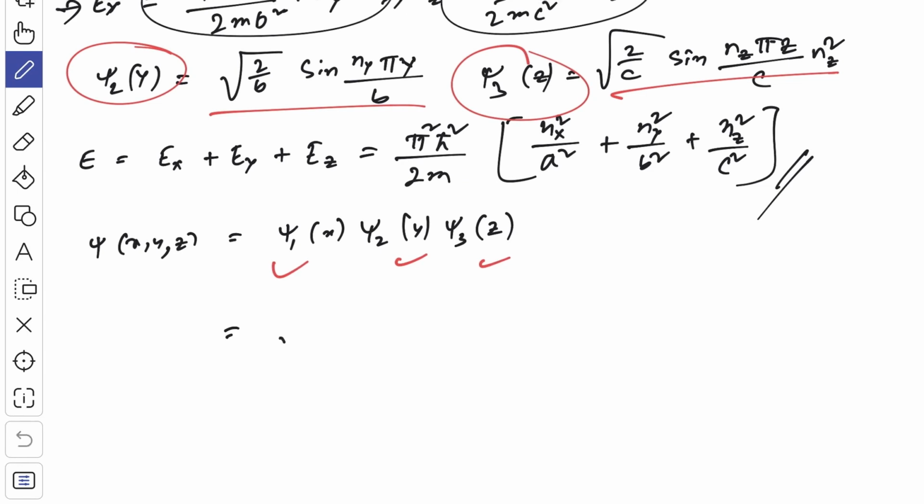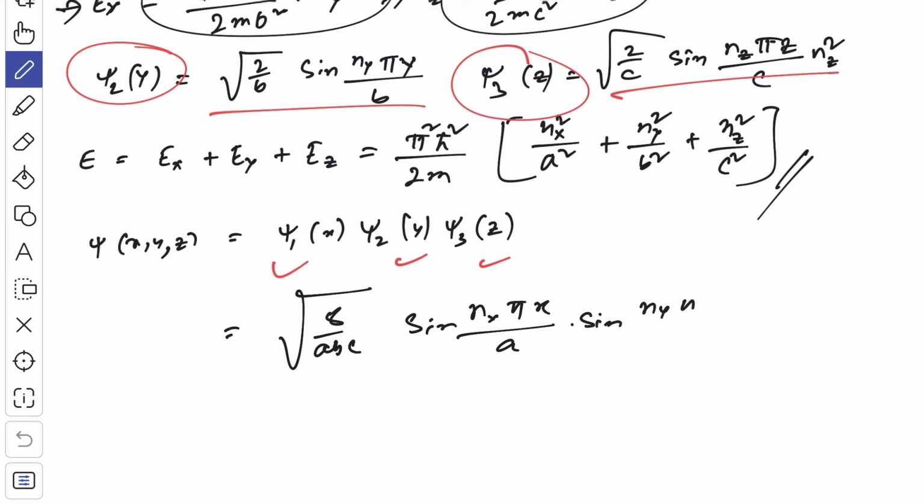That's going to be equal to root over 8 by abc sine nx pi x by a dot sine ny pi y by b and sine nz pi z by c. That's what we will get, the total normalized function, a function of x y z, is given by this. So hope you have understood this.